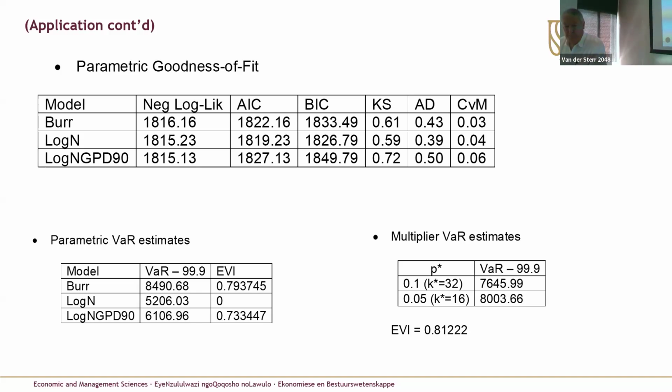And if we take P star as 0.1 or 0.05, we found that's quite a good range within which to use for P star. They still differ, but to less an extent than we get over there. And we get an EVI of 0.8122. Okay. So it seems in that sense, we're doing quite well compared to the traditional methods.